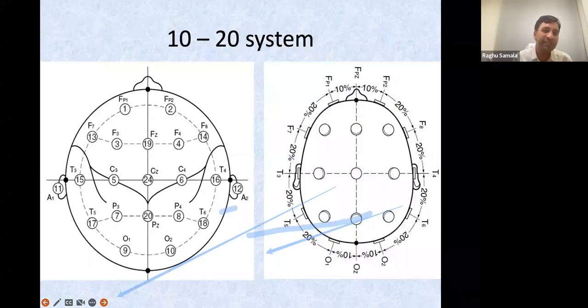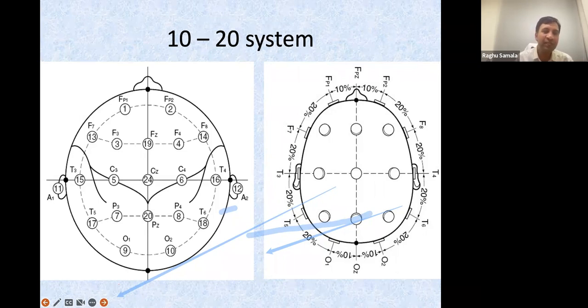C3 comes around the central sulcus. Then P3, and for the temporal you have F7 anterior temporal, T3 mid temporal, and T5 posterior temporal. For the occipital you have O1, and for the parietal you have P3.